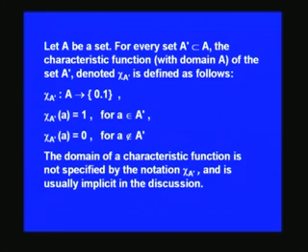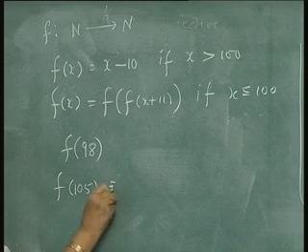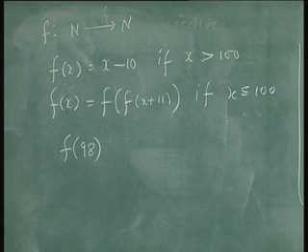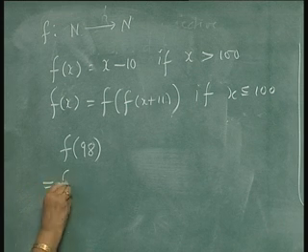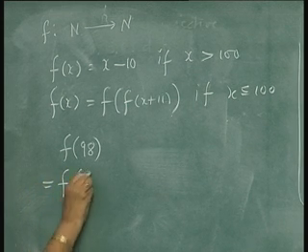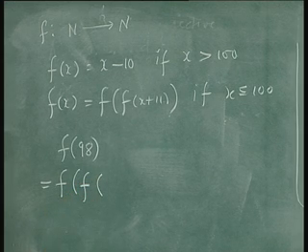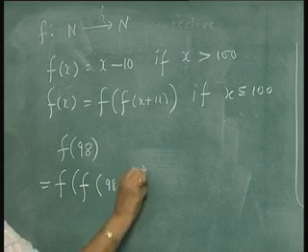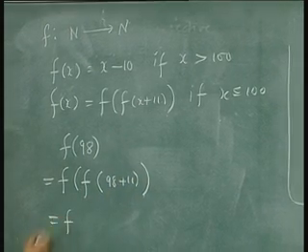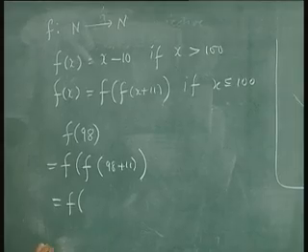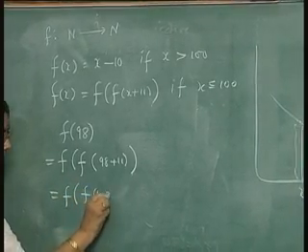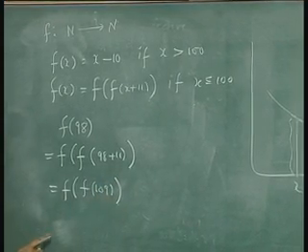If you have say f of 105, that will be 95 obviously, and f of 101 will be 91. But if you consider 98, how will you calculate this? f of 98 is f of f of 98 plus 11, that will be f of f of 109, but this is greater than 100.